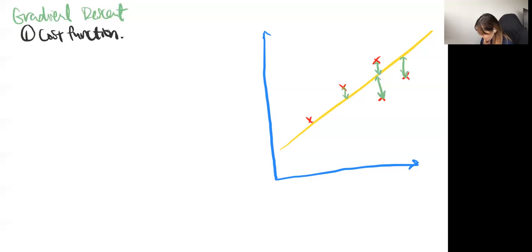Basically, the cost function is defined with some mathematical formula that allows you to plug in values of your line and your data points, and it'll just calculate this RMSE value. So the cost function is the main part of every single gradient descent model. This is also why in statsmodels this was called OLS, ordinary least squares.